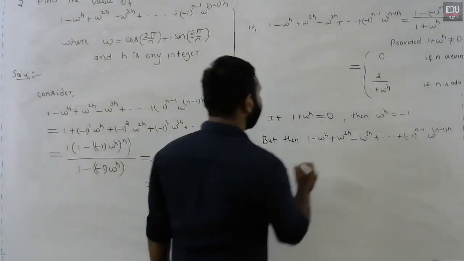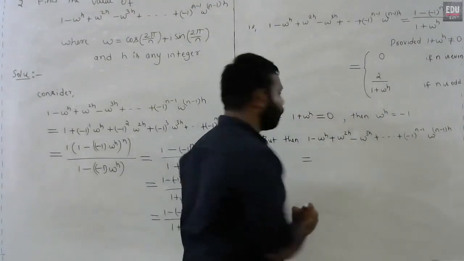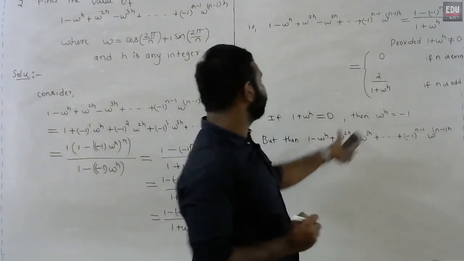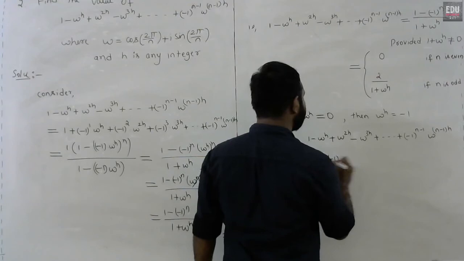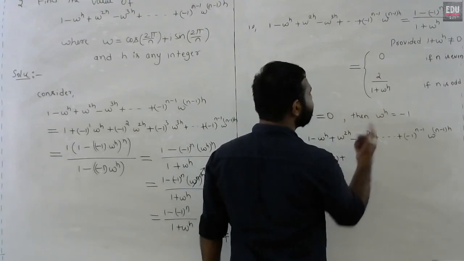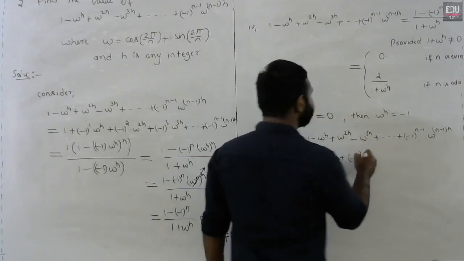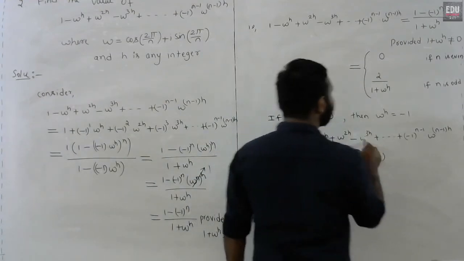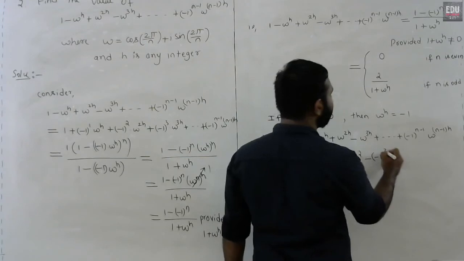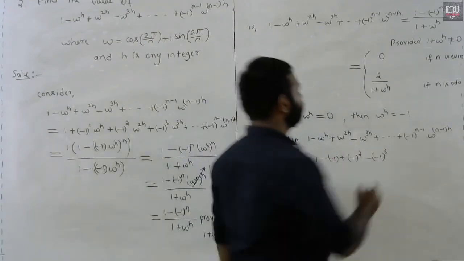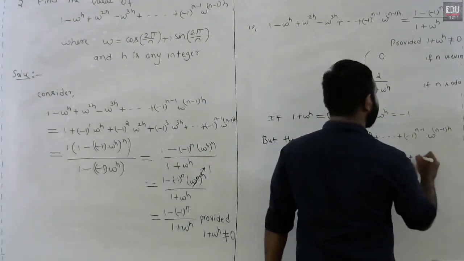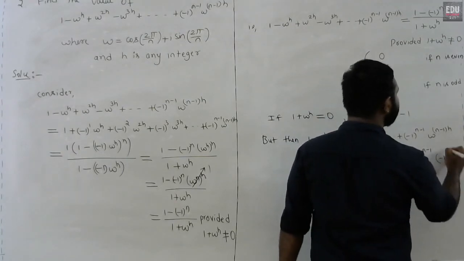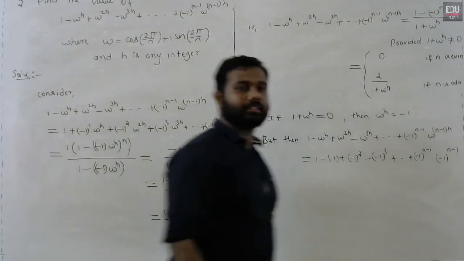So this will be equal to 1 minus, so omega power h is minus 1, plus omega power h is minus 1, so power 2, minus omega power h is minus 1 power 3, plus so on, minus 1 power n minus 1, omega power h is minus 1 power n minus 1 as it is.